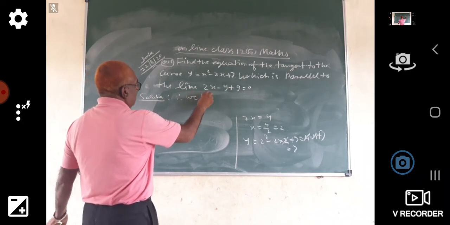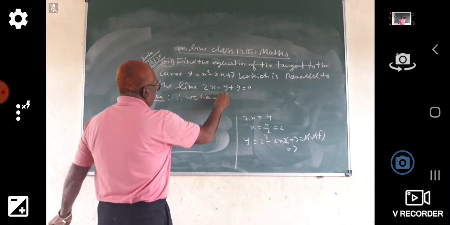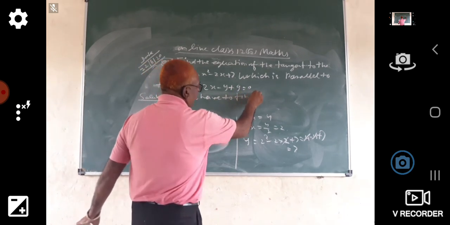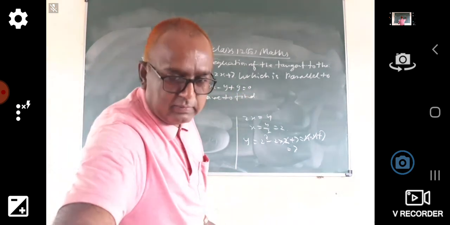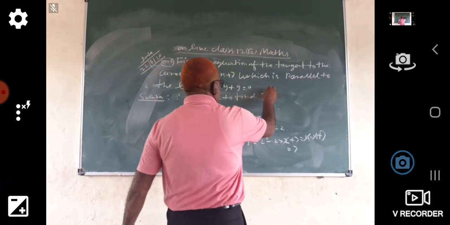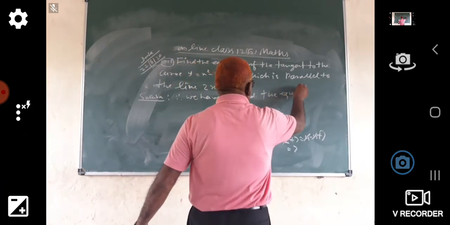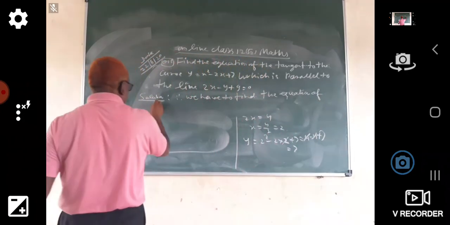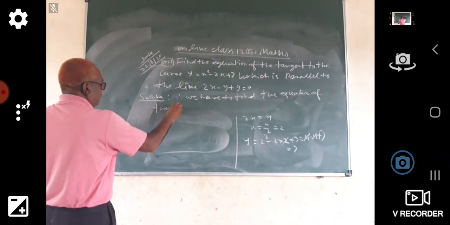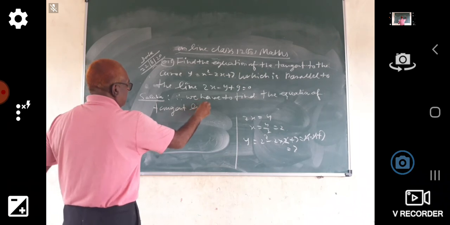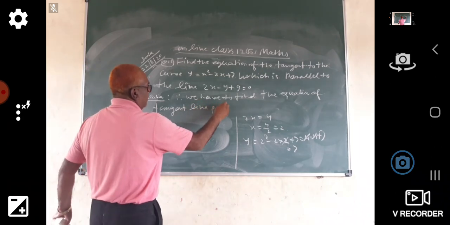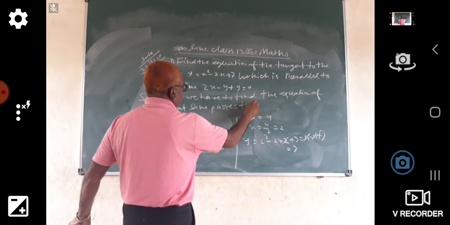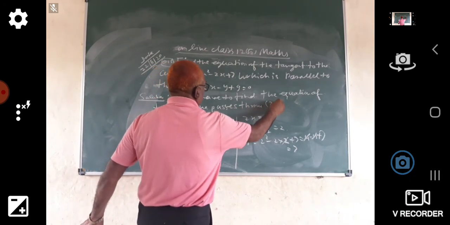Therefore, we have to find the equation of the tangent line which passes through (2, 7).